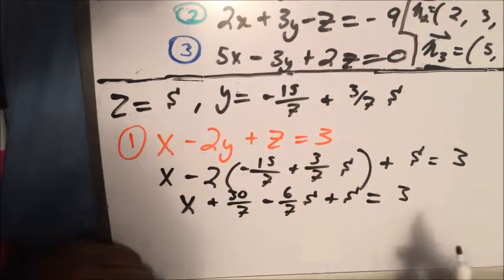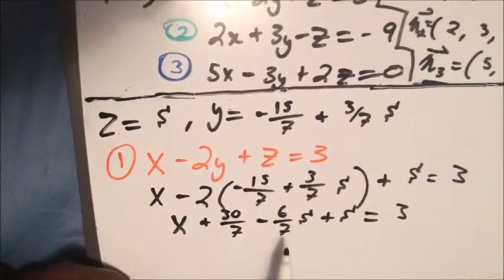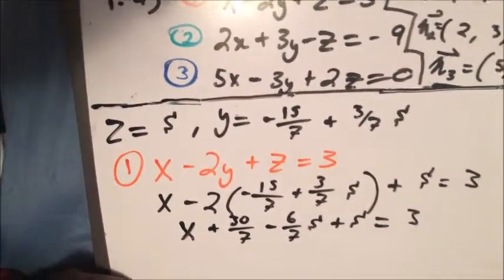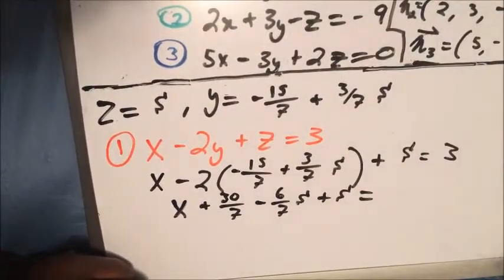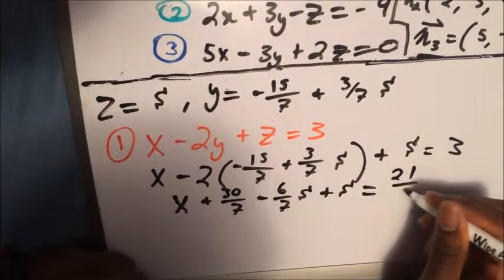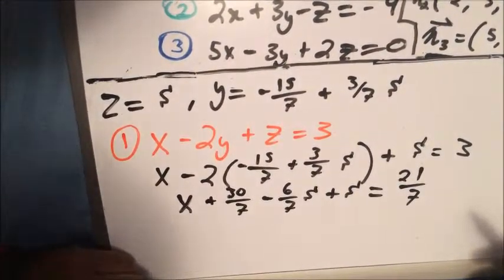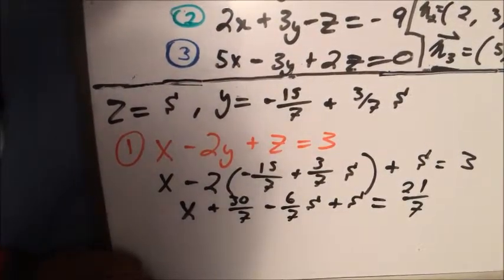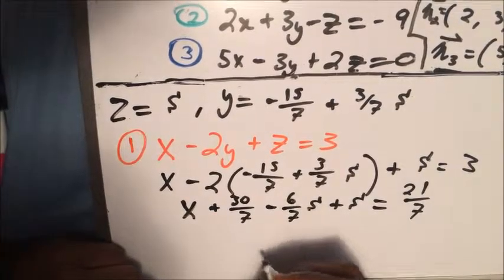Okay, so what I'm going to do, I see these fractions, but I don't like these fractions. So I'm going to change 3 into a rational number with the denominator 7. So I know that 21 over 7 is the same as 3 because 21 divided by 7 is 3. So now what I want to do is isolate for x.